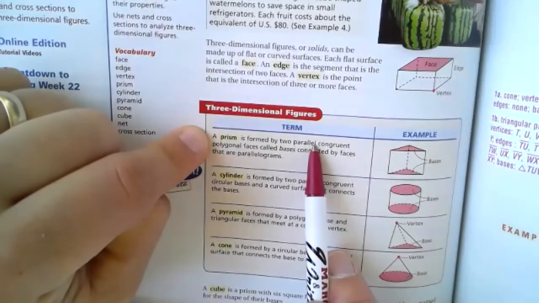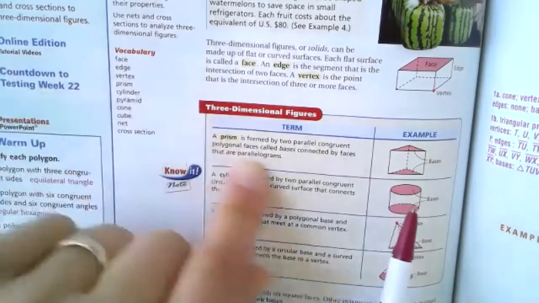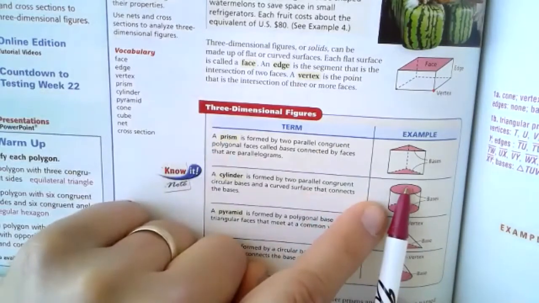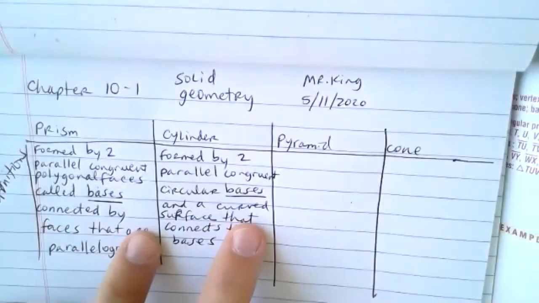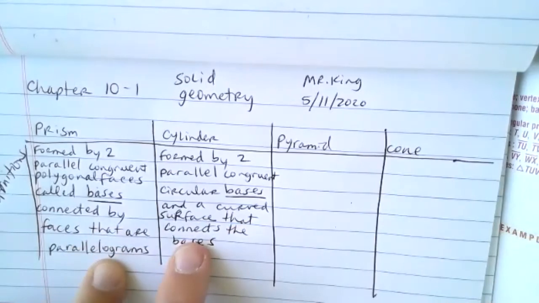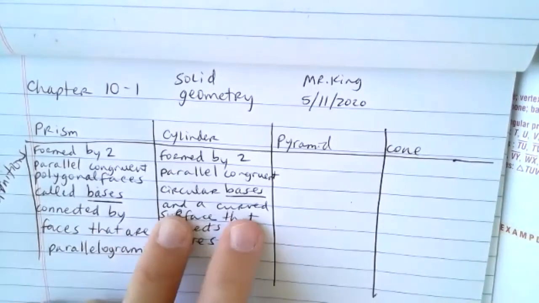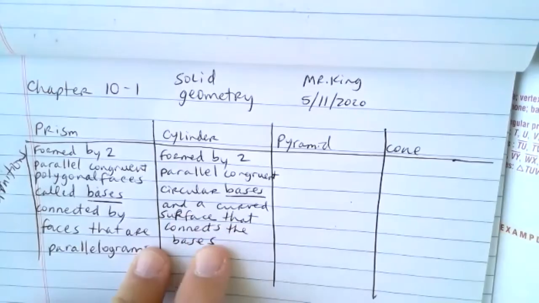They have to be equal and parallel. In this case, this is not a polygon. This is a circle, so you have to call this a different type of idea: circular bases. The prism's bases are connected by faces that are parallelograms. This one has a curved surface that connects the bases.